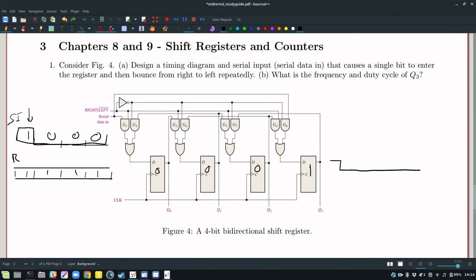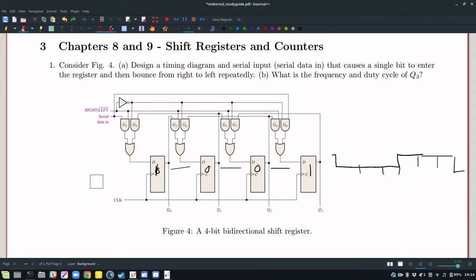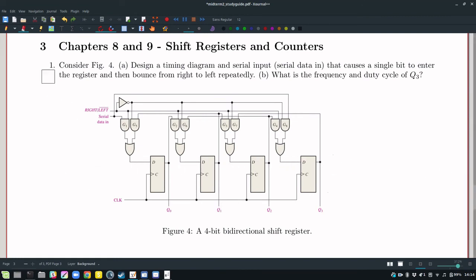But remember the 1 is already there, and so if I drop it for 1, 2, 3 bit times, this is going to be awkward. Let's see. If I drop it for 1, 2, 3 bit times and then raise it again, this 1 will shift once, twice, 3 times here, and then I need to make 3 rightward shifts, so 1, 2, 3, and then left. So I think the pattern is initially there's this kind of setup phase, and then it should look like this.